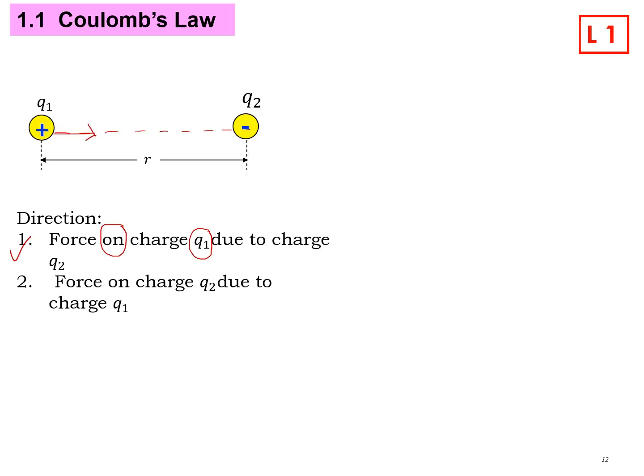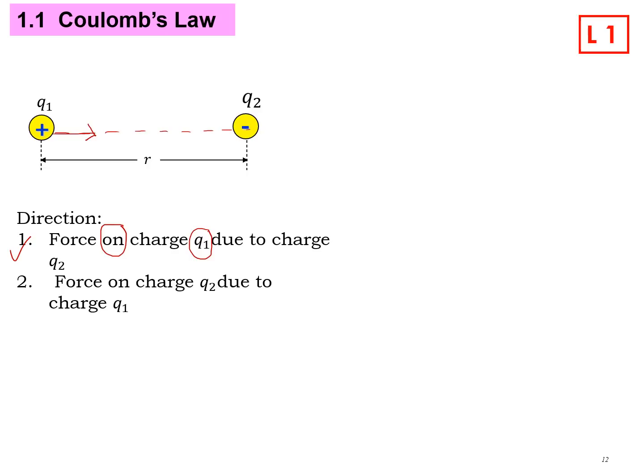Why is the direction of electrostatic force on Q1 toward Q2? Because, as I mentioned earlier, opposite charges attract. So charge 1 is attracted to charge Q2. That's why the direction is towards Q2, or to the right.